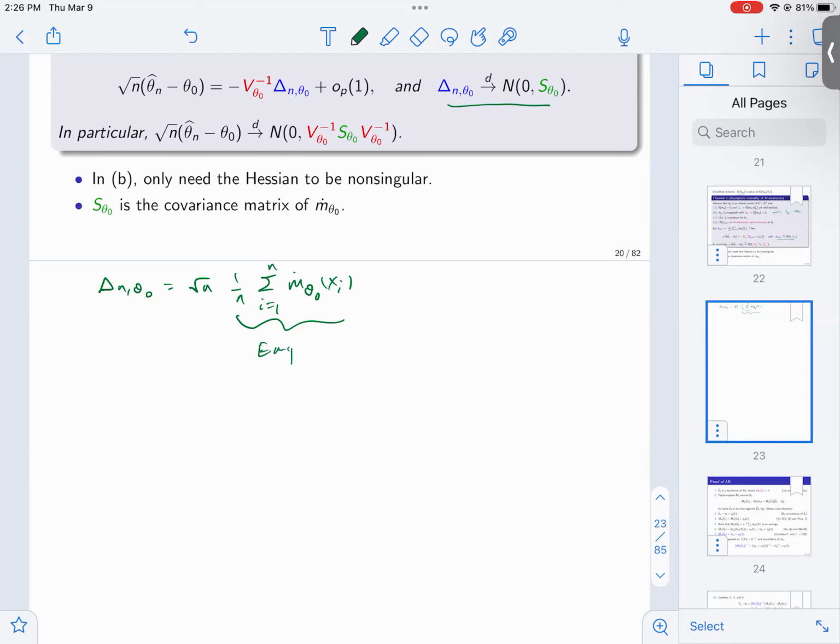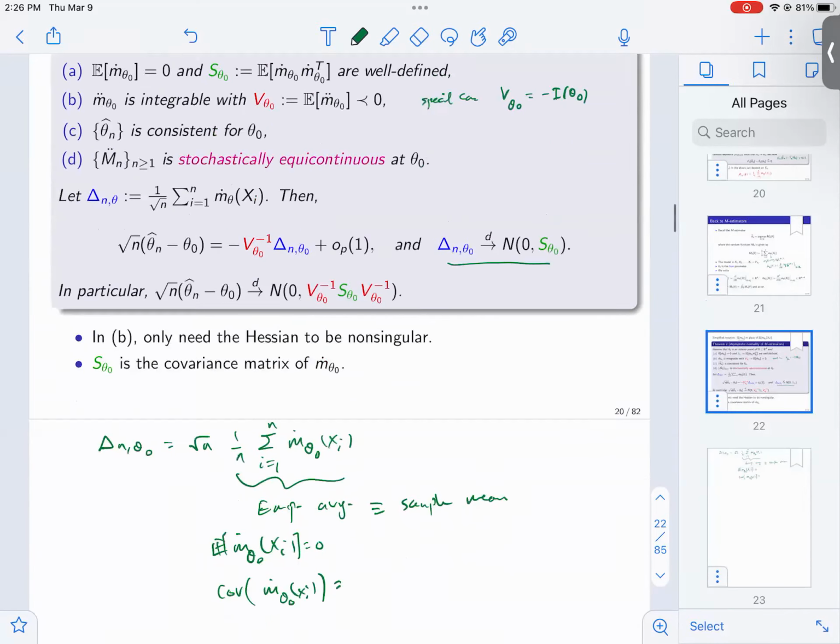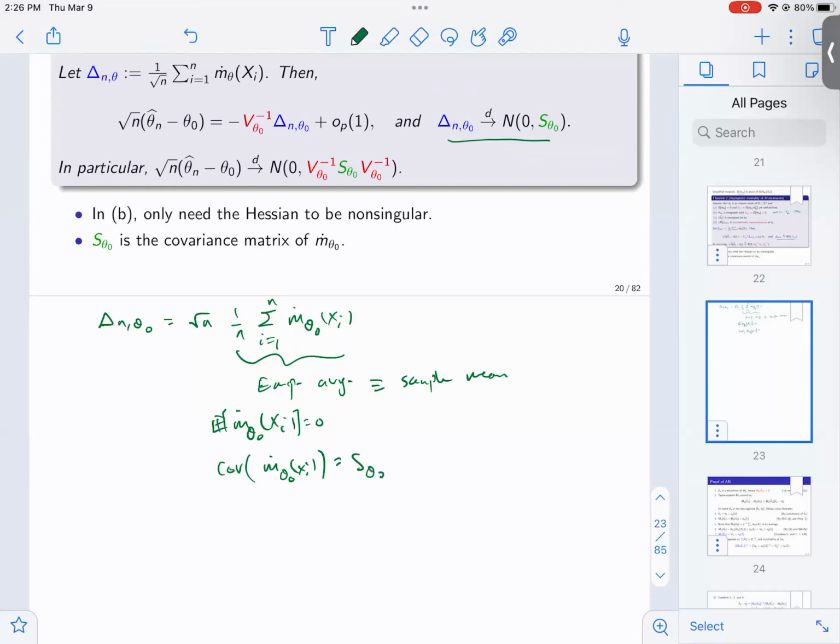Let's say the empirical average, or sample mean. And we know that the expectation of m dot theta naught xi is 0, and then the covariance basically is, by definition, S theta naught, right?